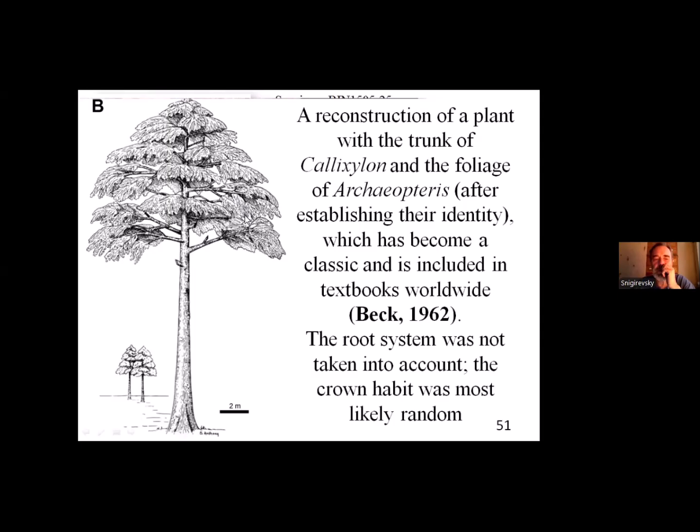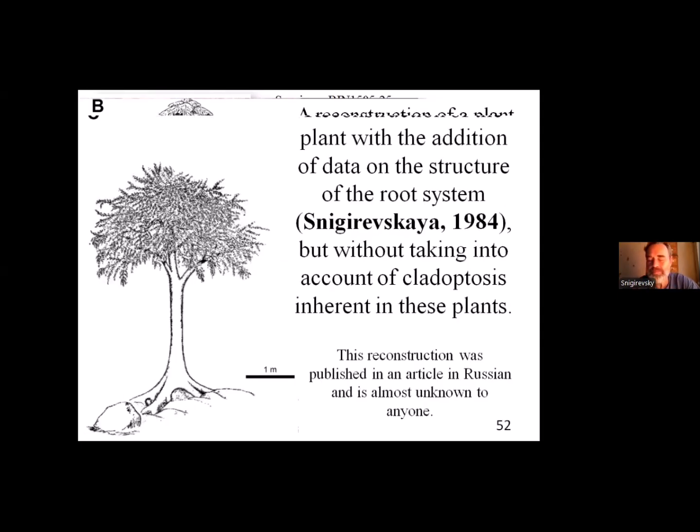After the findings of our expedition in 1979, 1981, after the composing of the stump of Callixylon, which I showed before, a new reconstruction of Callixylon was created by Natalia Snigirevskaya in 1984, with a very different type of stump.